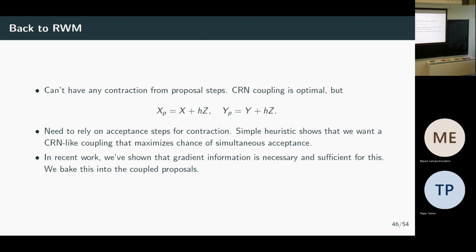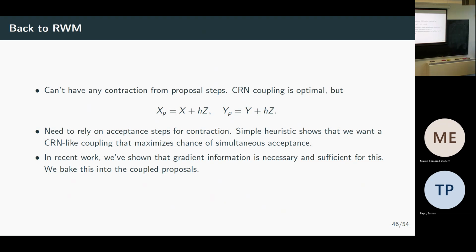Right. So let's go back to the random walk Metropolis. One way you could think of designing a contractive coupling for any Metropolis sampler is that you want to bake the contraction into the proposals. Well, if you measure contraction in, say, Euclidean distance, then you cannot do that for the random walk because you get no contraction. So really, what you need to rely on is the acceptance.